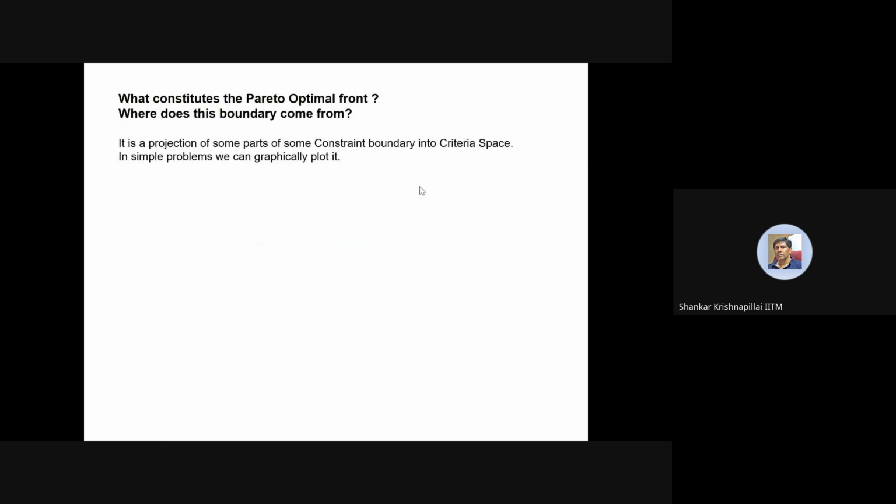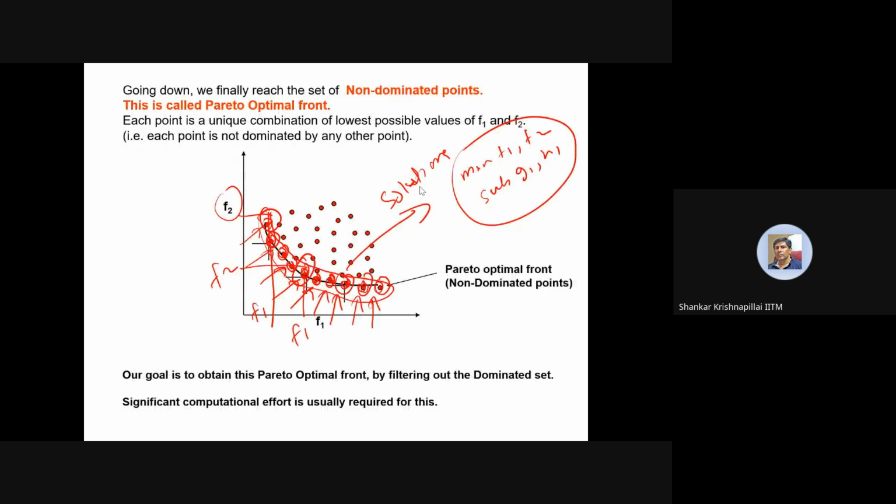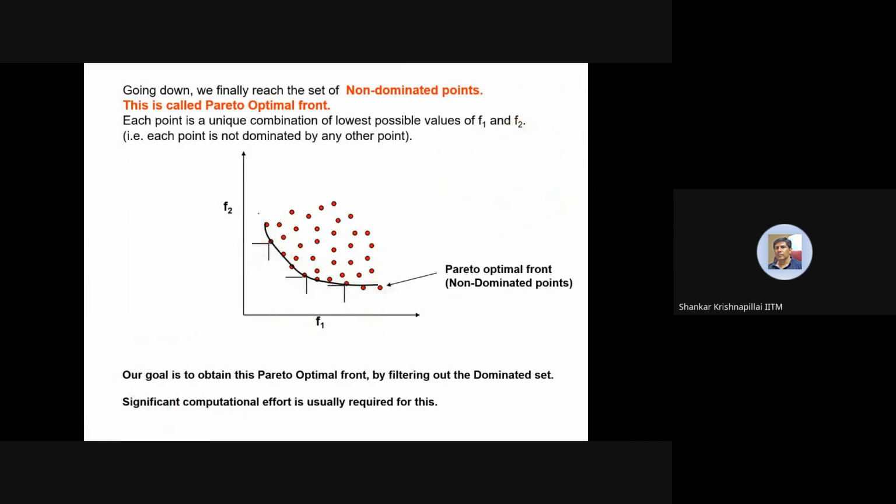So what constitutes the Pareto optimal front? Where does this boundary come from? Why does it stop here?